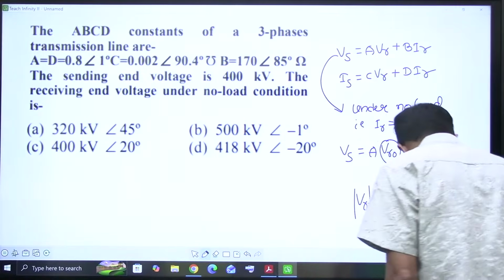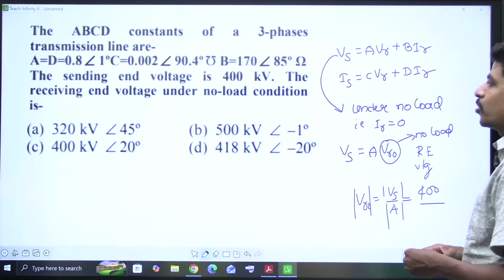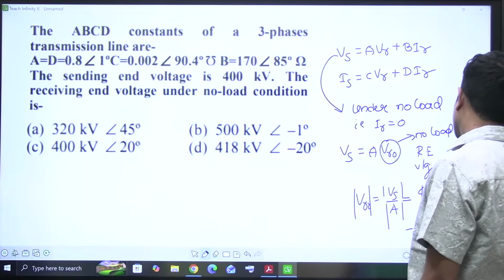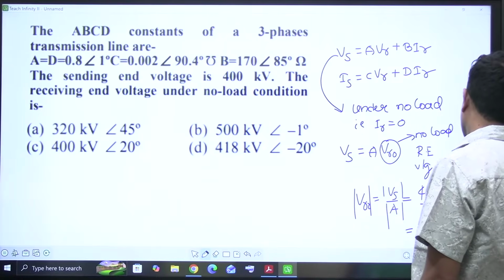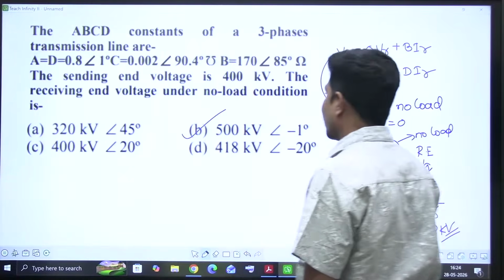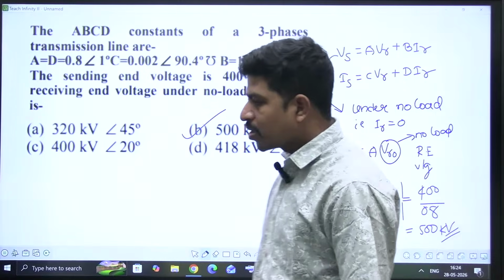How much is the A magnitude? 0.8. So 400 divided by 0.8 is simply 500 kV. The option is 500 kV at an angle of -1. Right? The option is B.